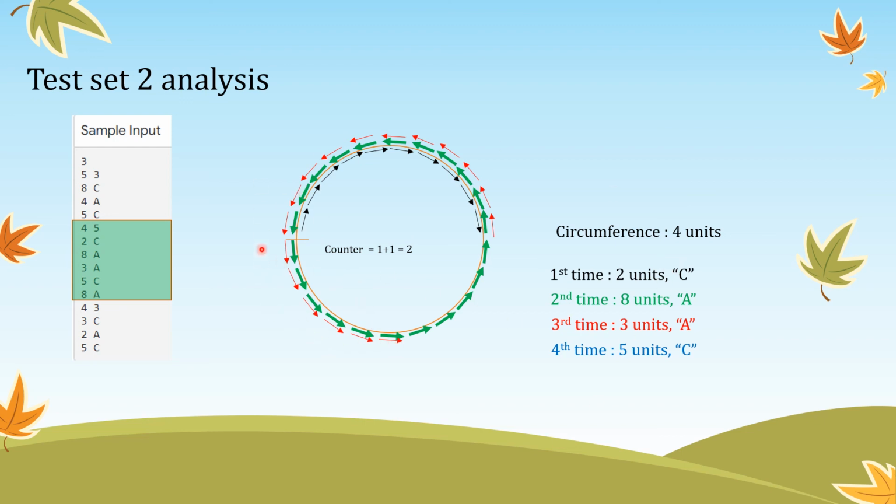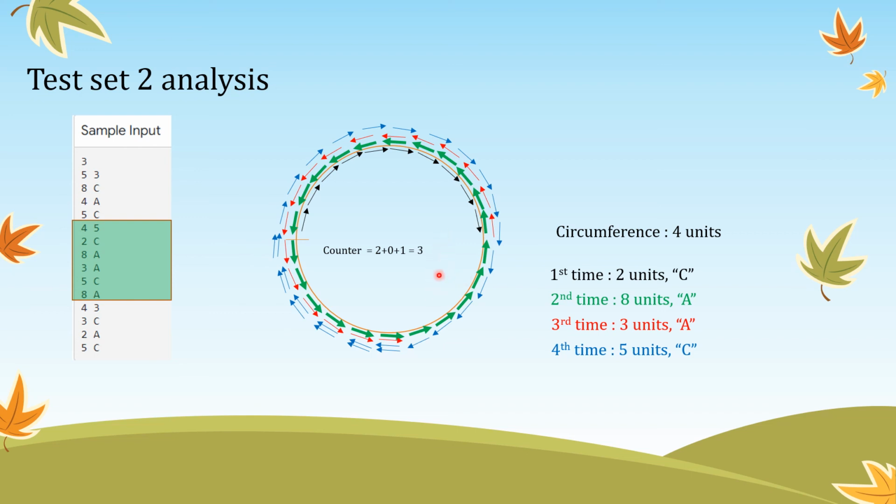So from here 5 units means one entire circle plus 1 unit extra, as shown in the blue arrow. So the value will be the existing value, plus when it touches the beginning it was 0, but it completed the entire circle, so plus 1 is equal to 3.